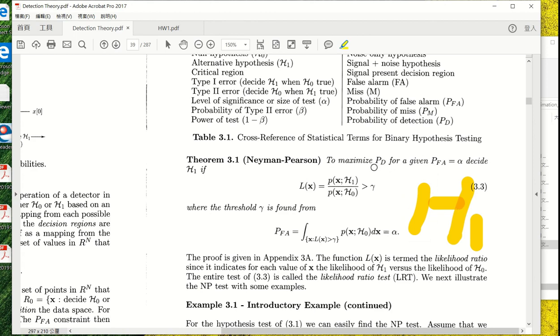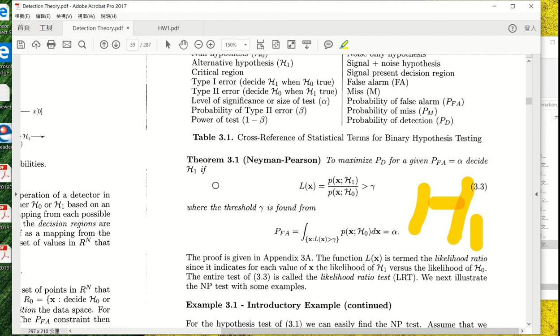So PD is something we like to have. PFA is something we like to avoid. So Neyman-Pearson criteria by itself is saying that we like to set a threshold on PFA. In other words, you should not make a decision that has a PFA higher than alpha. Then under that circumstance, we maximize PD.